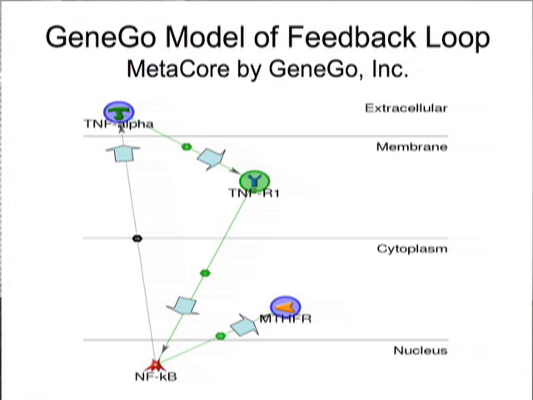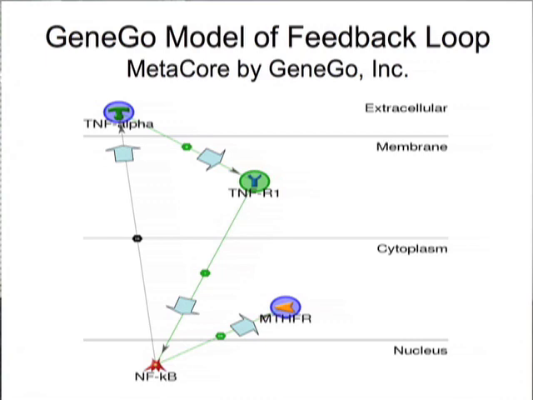It binds TNF receptors and activates the receptors. The receptors activate NF-kappa B, which is a transcription factor, and NF-kappa B activates the transcription of TNF alpha. So you'll see the arrow goes around in a circle here, and this is in fact a genetic feedback loop.